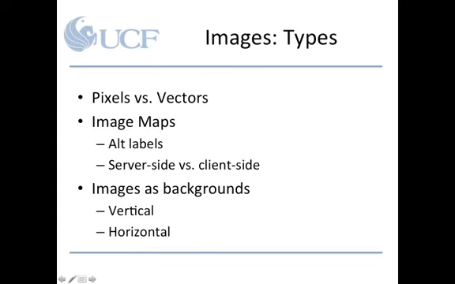While there are a variety of image file types, there are also a number of image types. The first is pixelated images versus vector images. Vector images are images that retain their aspect ratio or their appearance no matter what size they are.